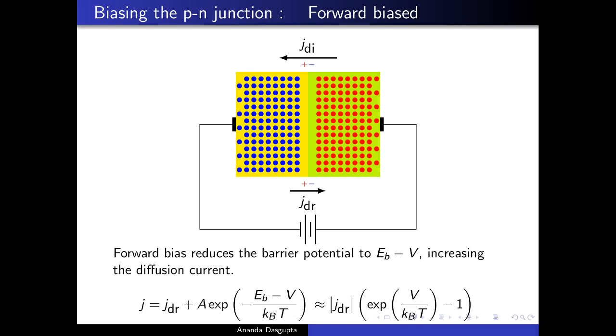So finally what we see is that if you forward bias a diode, that is, you connect the positive end of your battery to the P side and the negative end of your battery to the N side, you will get a large current flowing in, and that current is going to exponentially increase with the battery potential. So this of course shows two things.